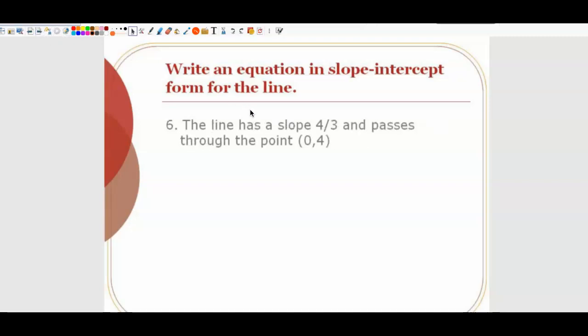Let's look at another similar example. The wording says that the line has a slope of 4/3. So that's like my m equals 4/3. It tells me it passes through the point 0, 4. Anytime the x value is 0, that's a fancy way of saying this is my y-intercept.